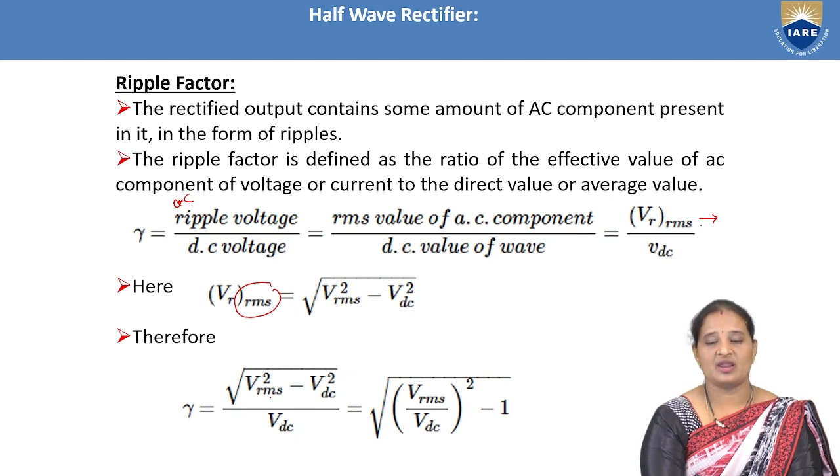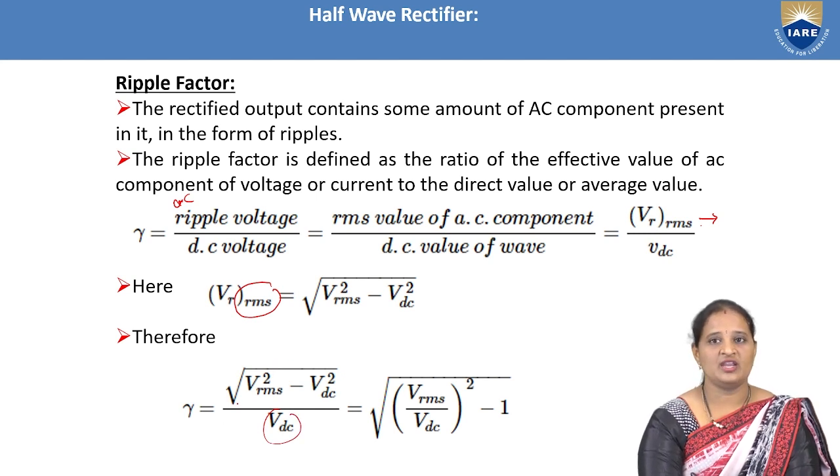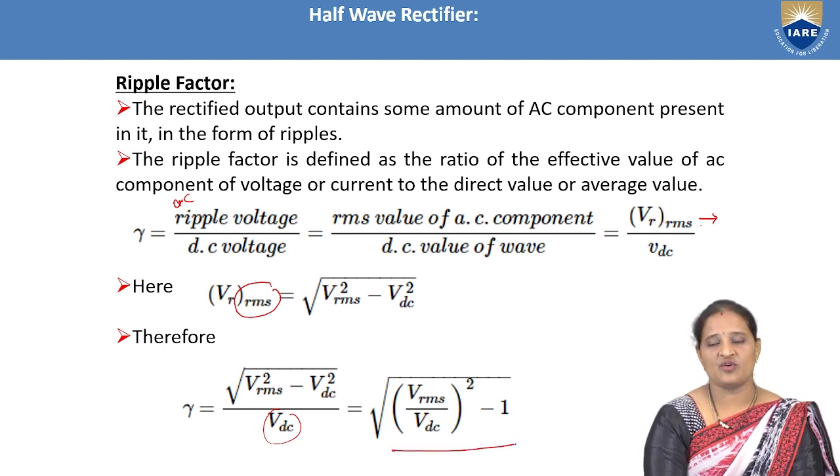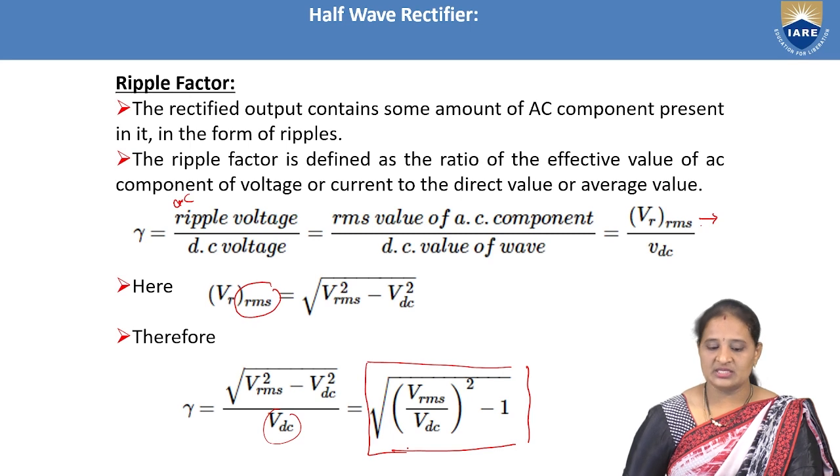So square root of Vrms square minus Vdc square, and just take this denominator into the square root. Then it becomes Vrms square minus Vdc square divided by Vdc square. If I separate them, it is the square root of (Vrms by Vdc) whole square minus 1. So this is the formula of ripple factor which you have to remember.